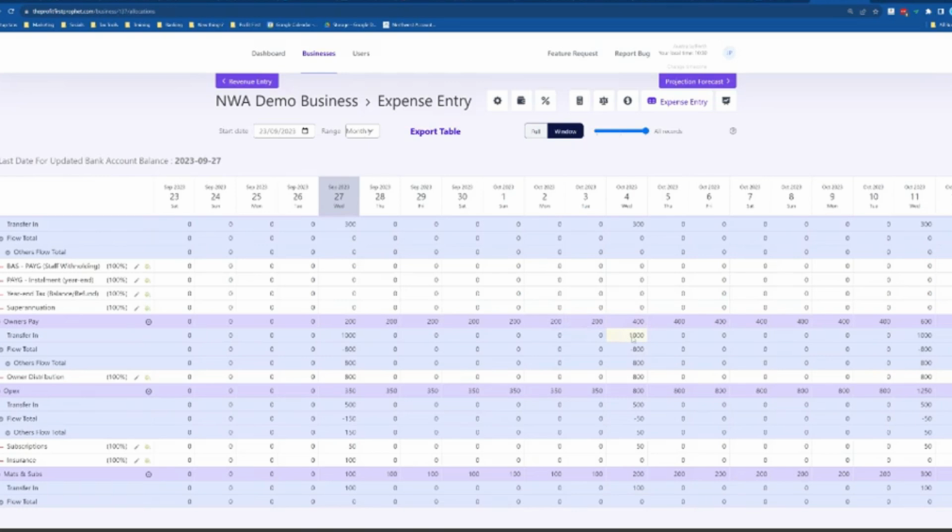Then we're going to add another $1,000 next week, take off the $800 that we'll pay ourselves, and that will leave us with a balance of $400 for the rest of the week. Then we're going to add another $1,000, pay ourselves $800, and then there'll be $600 left in. So you can see there's a flow and a wave effect of having money in here.